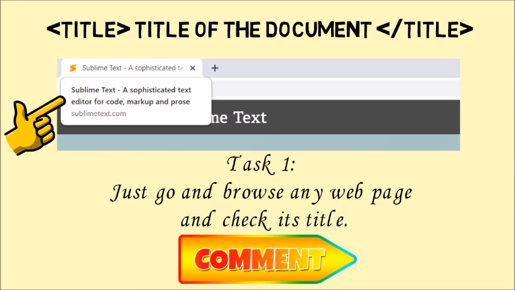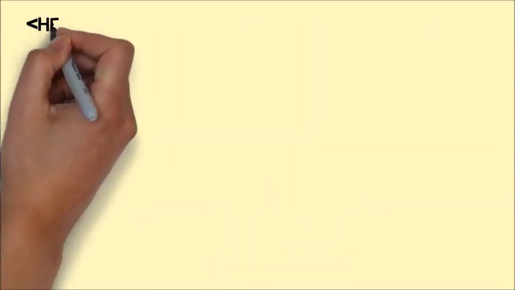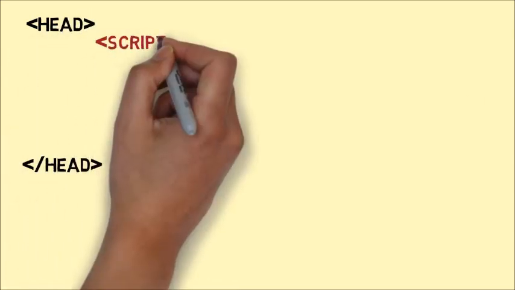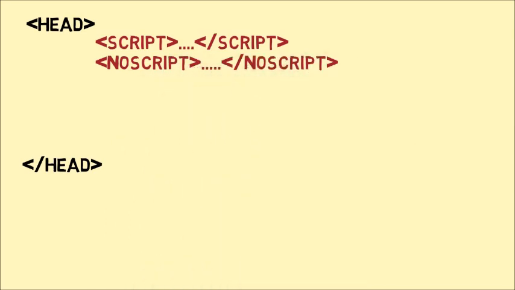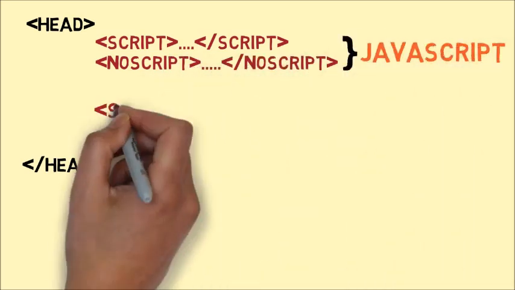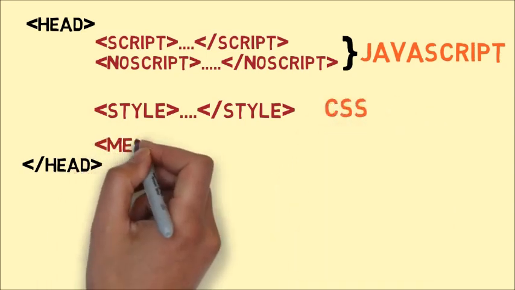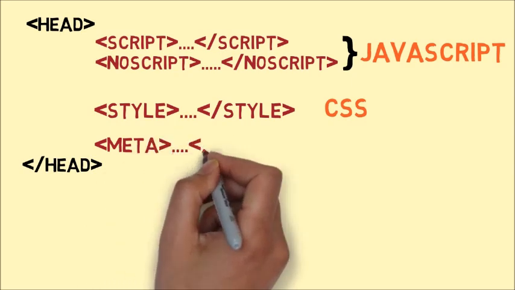Now let us proceed further. Other tags that can be used within the head tag are script and noscript tags. Well, you will use these tags with JavaScript. The style tag. This tag is used for specifying the style information. We will take it up when we will learn CSS. The meta tag that is used to specify the metadata.